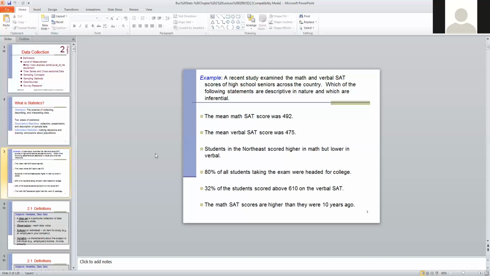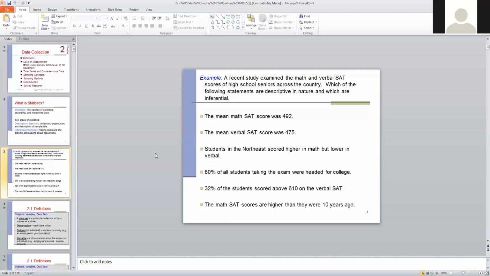So here are some simple examples to amplify this idea of descriptive versus inferential. Descriptive would be describing something. So if I tell you the mean score of SAT scores, or that students in the Northeast score higher in math but lower in verbal, that's one thing.